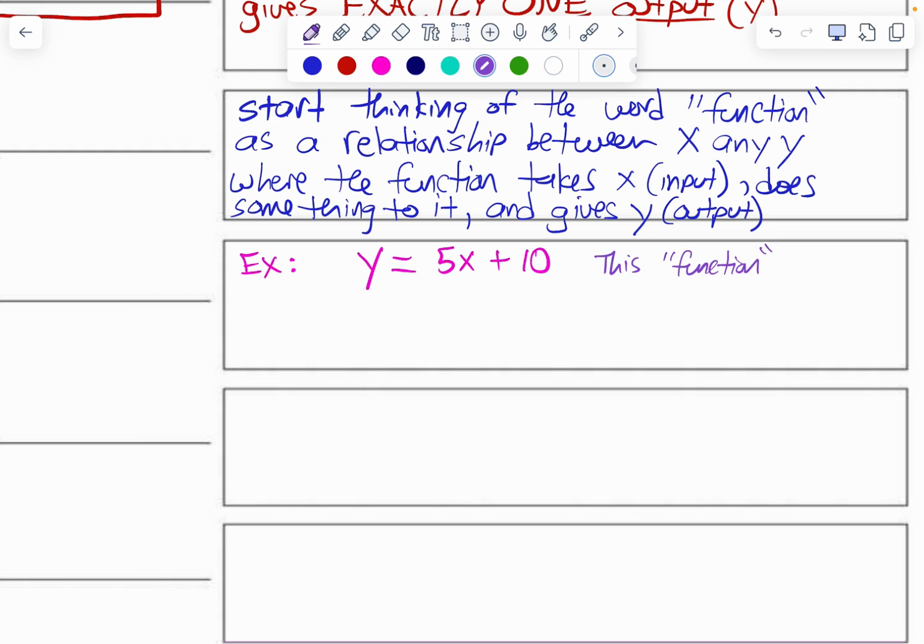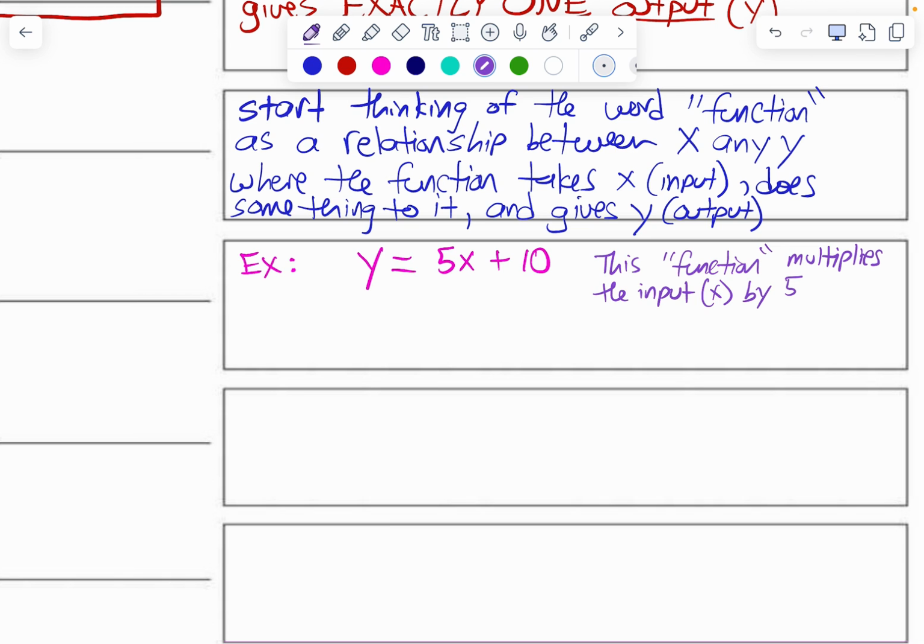What is this function going to do to the 2? Don't overthink it. I promise I'm not asking you a trick question. If I tell you x is 2, sorry, go ahead. Okay, we're going to stop there. This function multiplies the input, which is x, by 5.